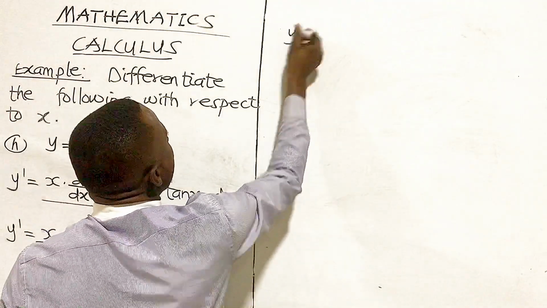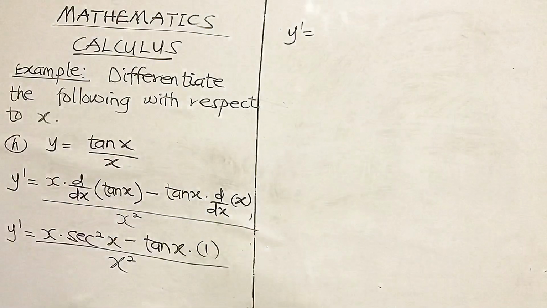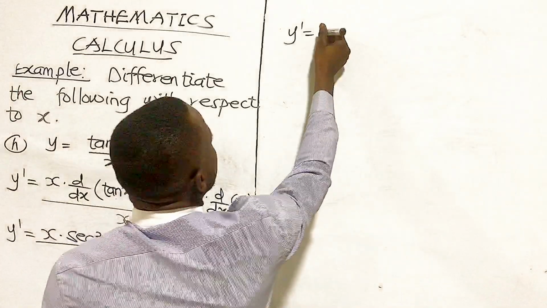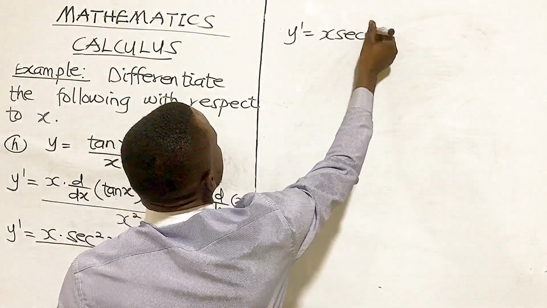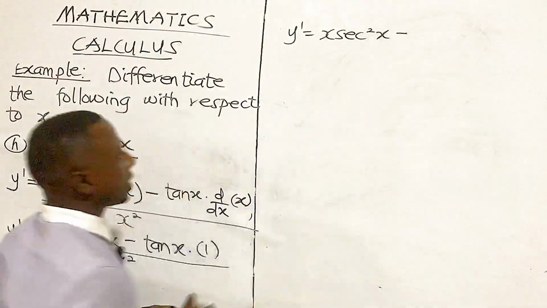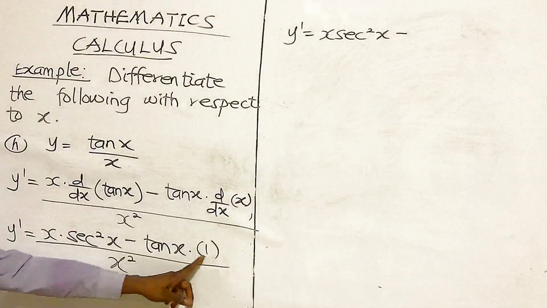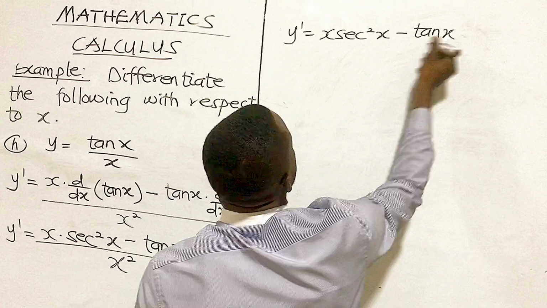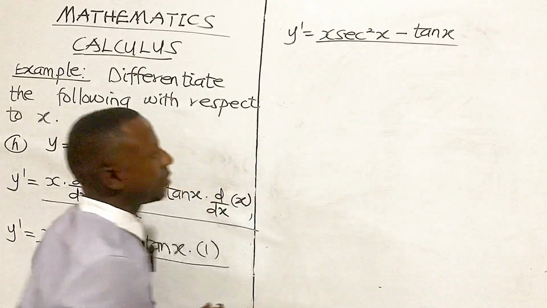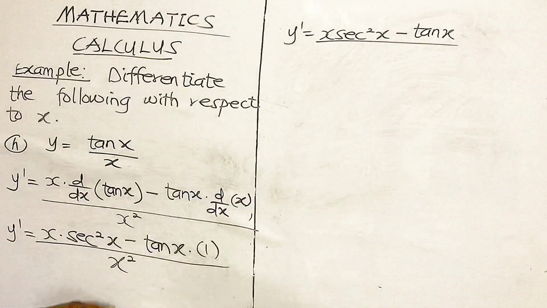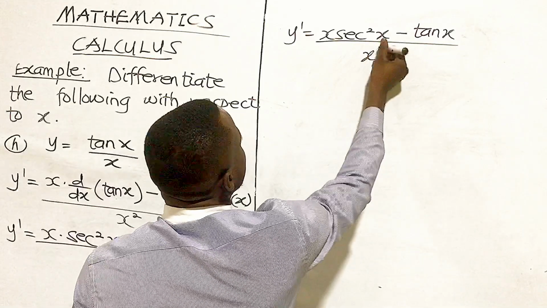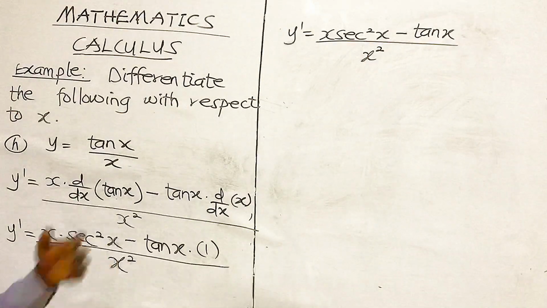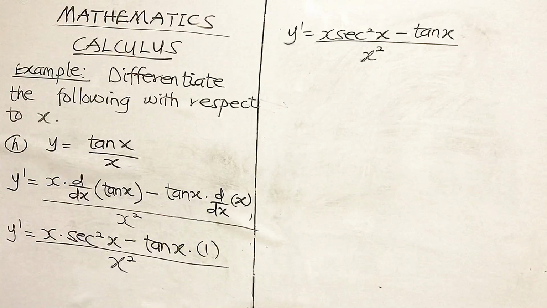I have y prime to be equal to x multiplying sec squared x. We are going to get sec squared x minus tan x times 1. We are getting tan x all over the denominator, which is x squared. And this is going to be the final answer, which is very, very simple.